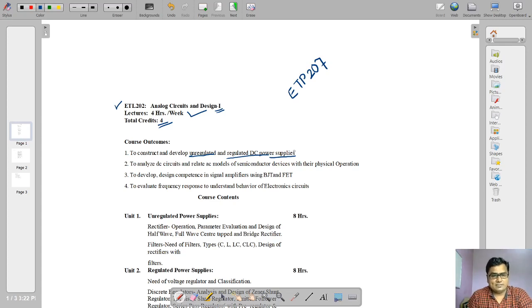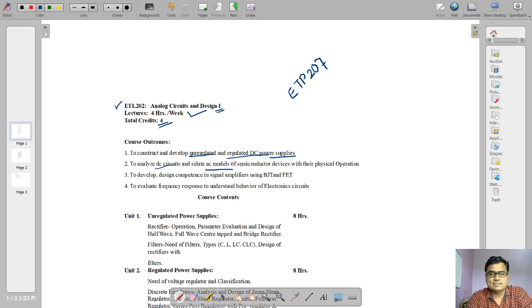Now, second, after completion of this ACD1 course, see the second statement, you will be able to analyze DC circuits. It means you will be able to analyze all DC circuits because the part of analysis is included in the subject, and then you will be able to model those, or AC models are also included.